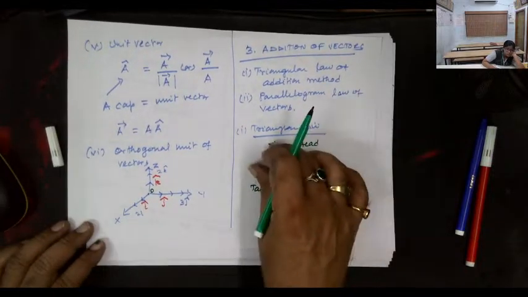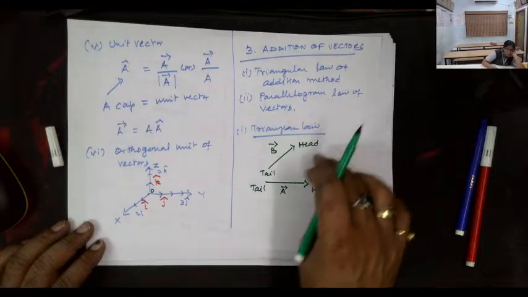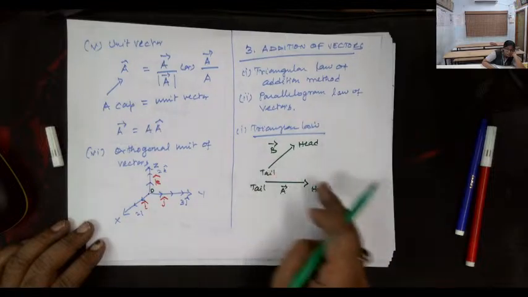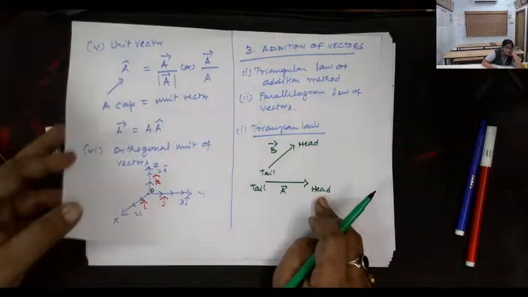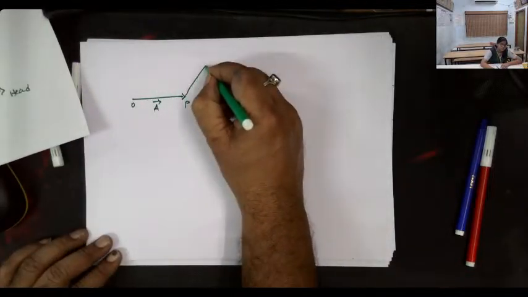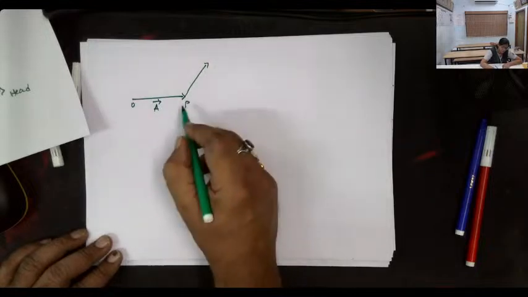And what we are supposed to do is, you can move this B vector and fix the tail to the head of the A vector. So let us move, and I have fixed it here. So this is B vector.